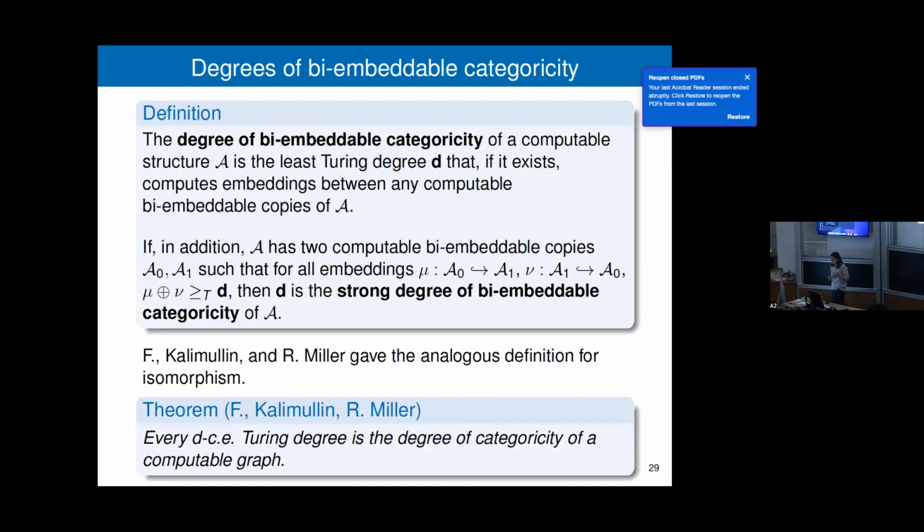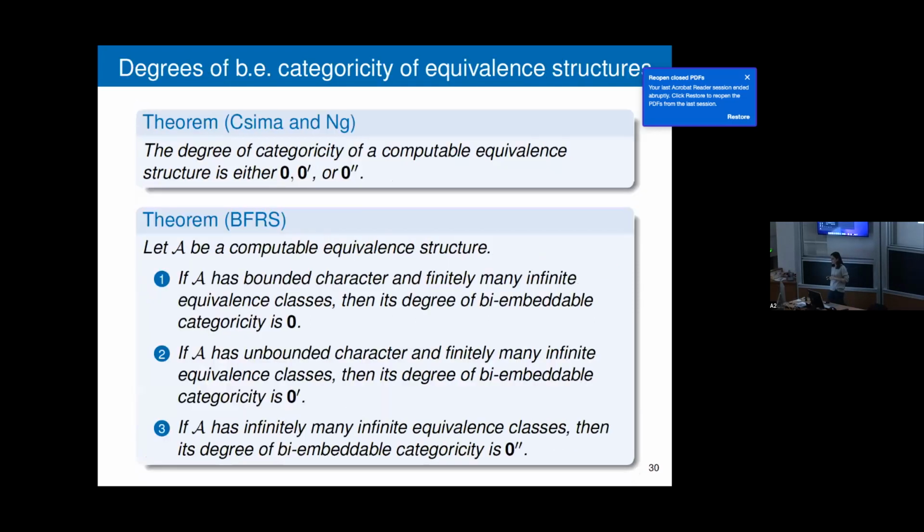It's an analogous definition to what we defined for computable categoricity with Kalimullin and Miller. For equivalence structures, using our characterization, we can immediately say that the possible degrees of bi-embeddable categoricity are 0, 0 jump, or 0 double jump. An analogous result for computable categoricity for equivalence structures is much harder to prove than for bi-embeddability.